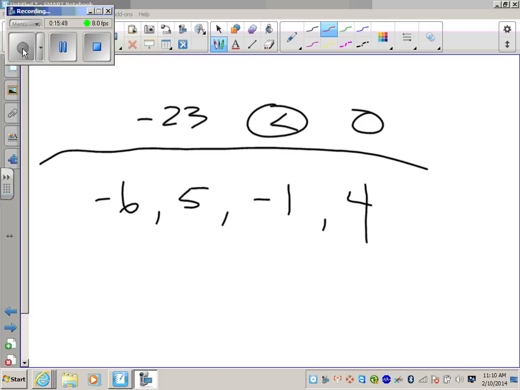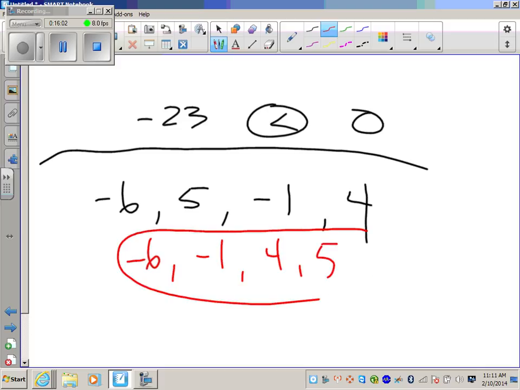The furthest is 6, -6. Is 5, no, -1. And then 4, you get 5. I got a positive for you. If 4 was a negative, where would it be? Right? That's just what I wrote. Okay. Any questions? Are you good?